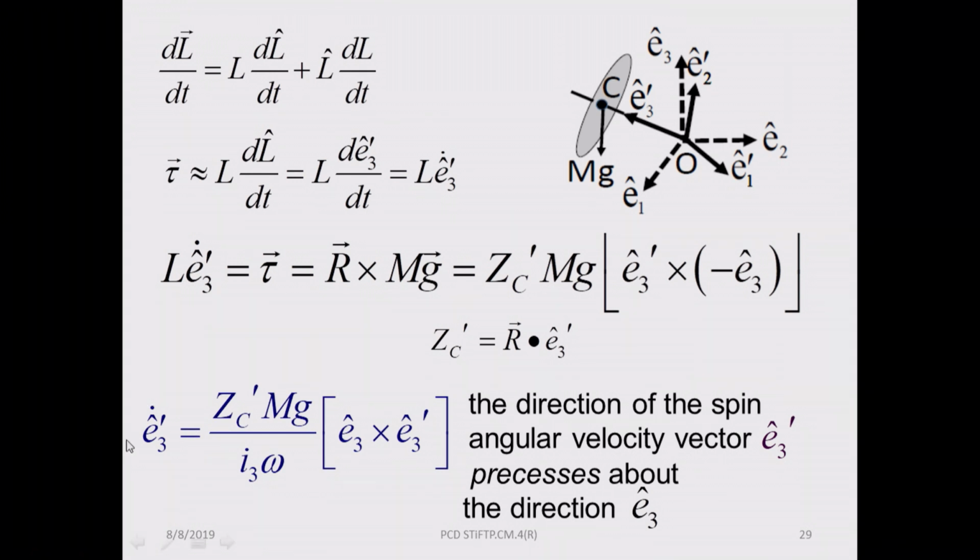Then the direction of the axis along which the object is rotating is time dependent, and this dot denotes the time derivative of this unit vector. So its time derivative is not 0. As you can see, the right hand side has got this cross product, so it is in the direction which is orthogonal to both E3 and E3 prime, and a change in the unit vector is always orthogonal to it. So that is quite in line with this, and this is what causes the precession of the gyroscope.